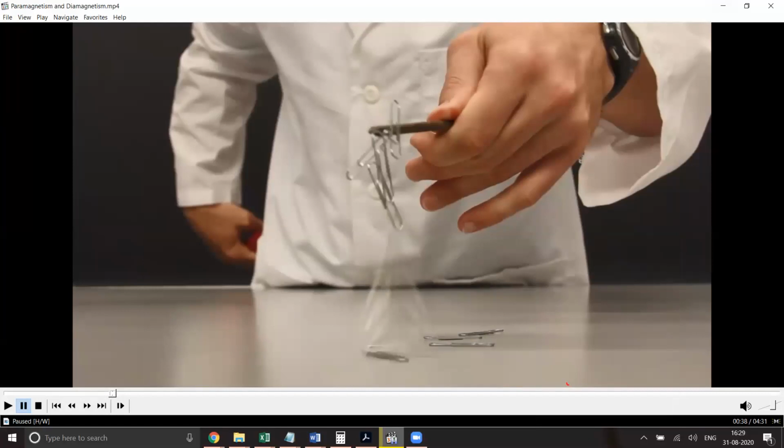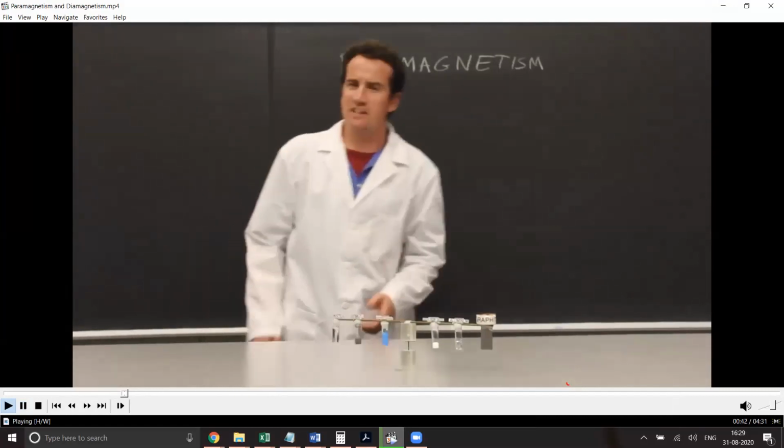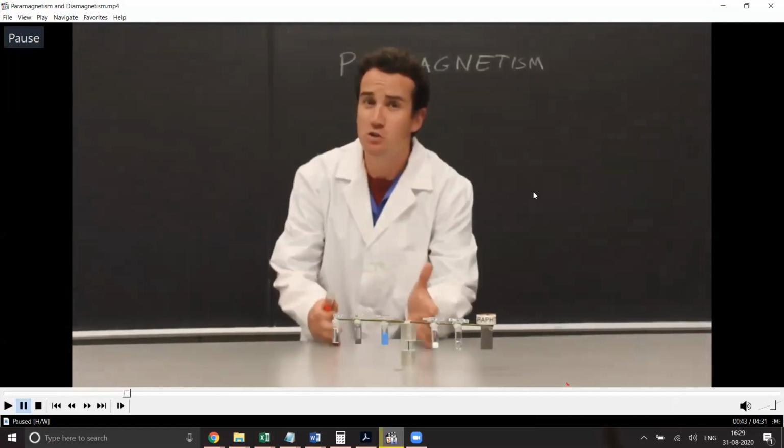What kind of substance is this? Ferro, para or dia? It is a ferromagnetic substance, because ferro means iron. Did you observe that a ferromagnetic substance attracts the materials towards it? A similar thing will happen with a paramagnetic material also.